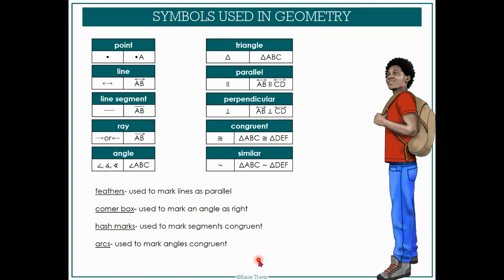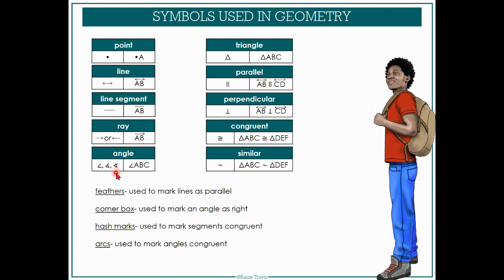We got some symbols here that we're going to be using for our stuff. Up top, we got the symbol for our point. It's just a dot. For our line, you make sure that you have that line with the arrows at the end of it if you're talking about a line, as opposed to a segment or a ray. Segments don't have arrows. Rays have arrows only over the side where it's extending.